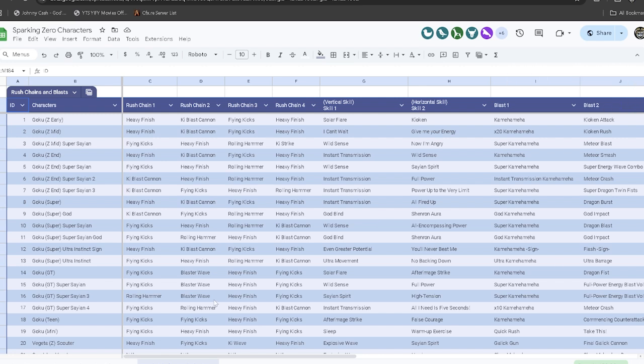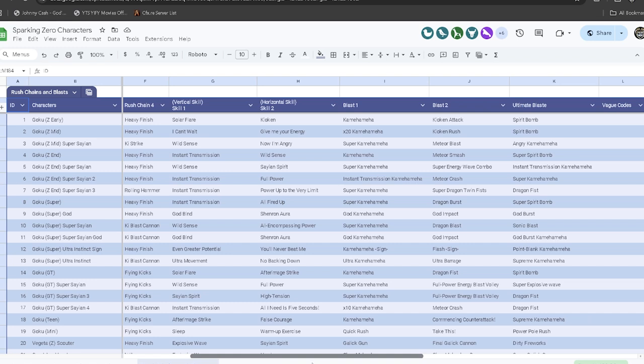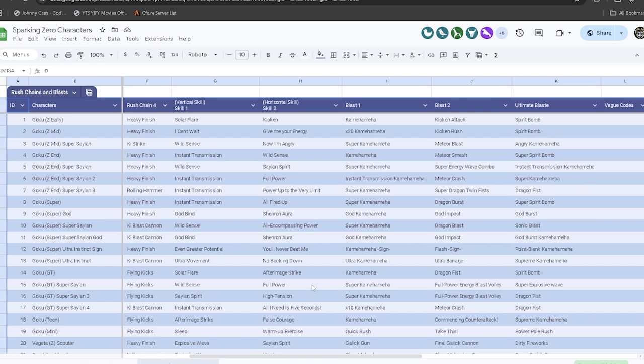So those vague codes and specific codes are going to be able to search all of these skills and supers and give you the exact skill or super with the exact same effect. So it disregards the name and searches by effect instead of name. That way you can search every character with that skill or blast, depending on its effect.